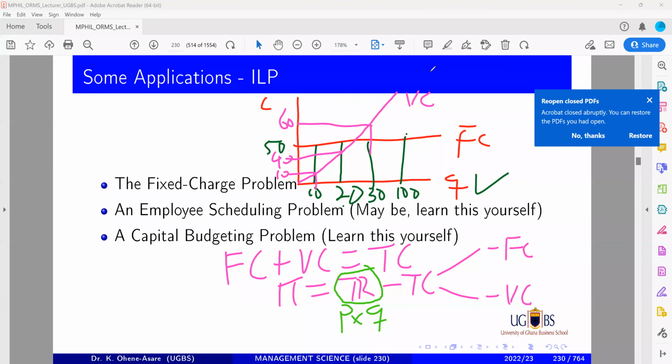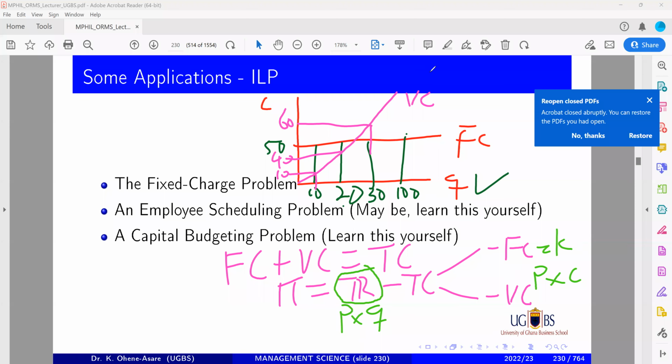So if I know my price and I know my quantity, I can find my revenue. If I know my total cost, and I can only know my total cost if I multiply the price by something related to the cost. Okay, so the price times the cost will give you the variable cost, and then the fixed cost, which is K, will be added to it.